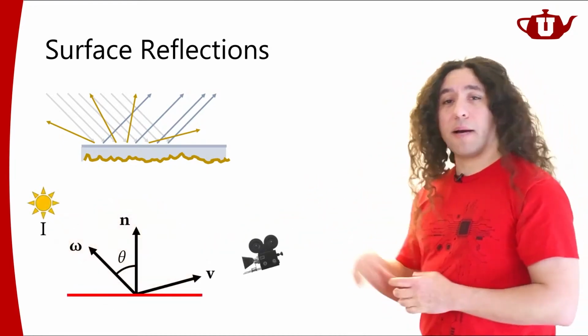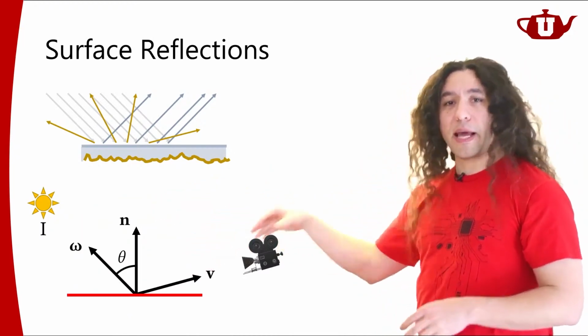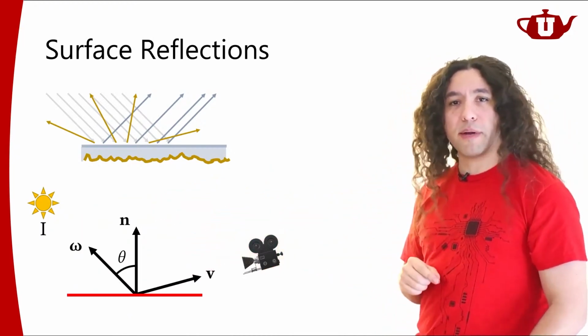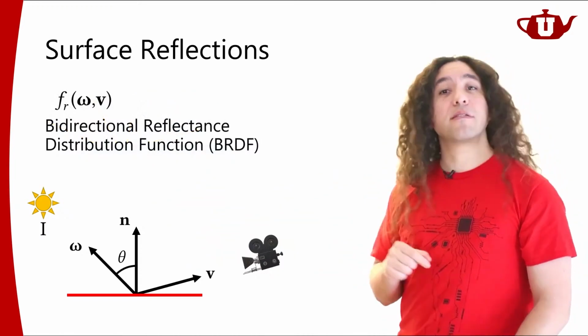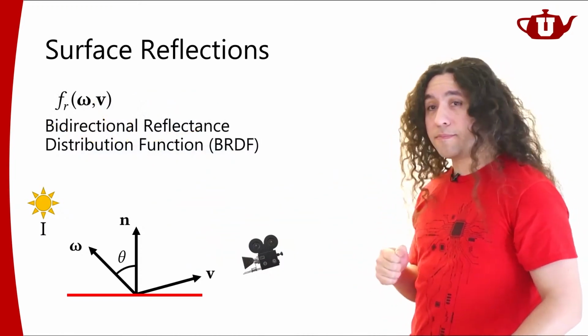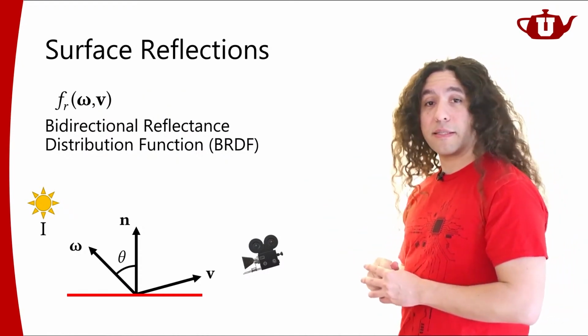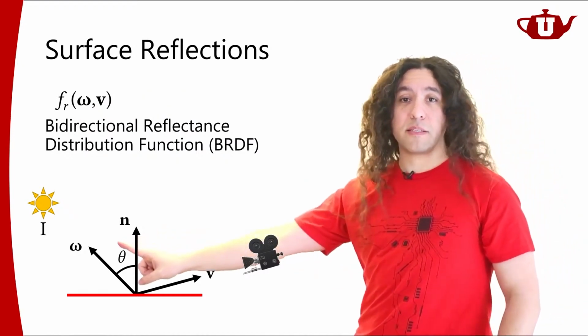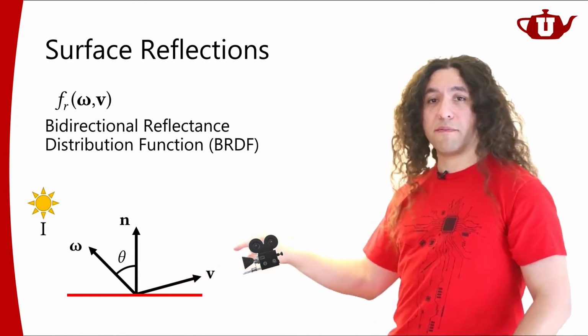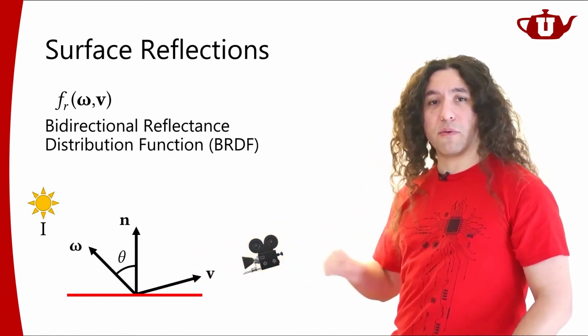So this is our setup. Light is coming and hitting the surface, and I'm observing it from a particular direction. And our bidirectional reflectance distribution function is going to define what percentage of the light coming from this direction will be reflecting along this viewing direction.